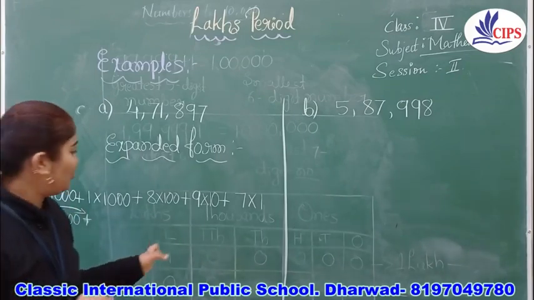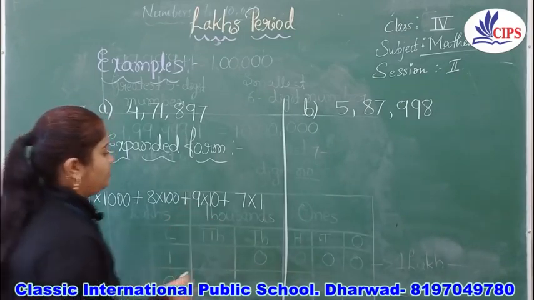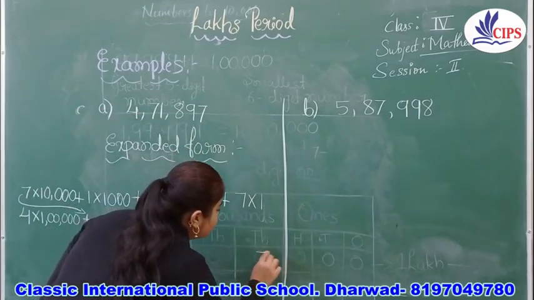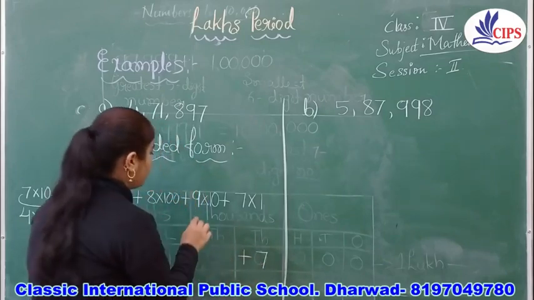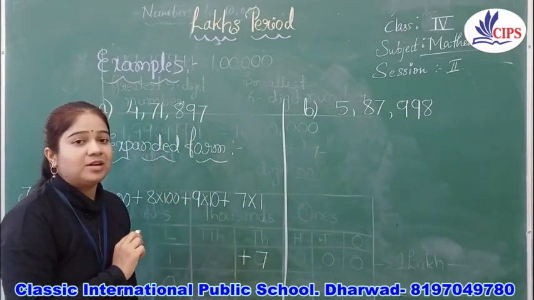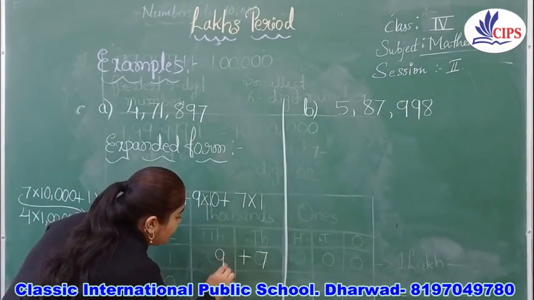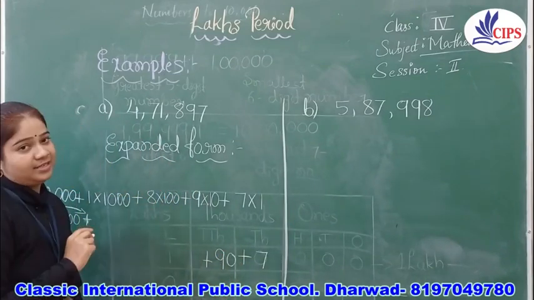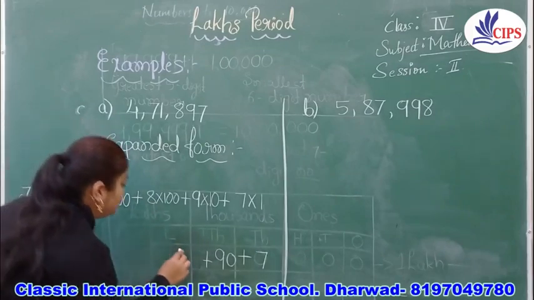Okay. So now you just write 7 into 1. What's that? 7. Plus 9 into 10. What's that? 90. Plus 8 into 100. 800.